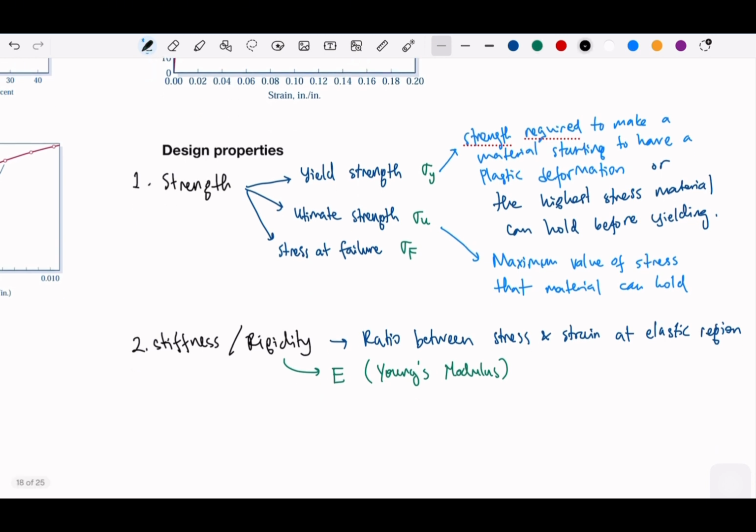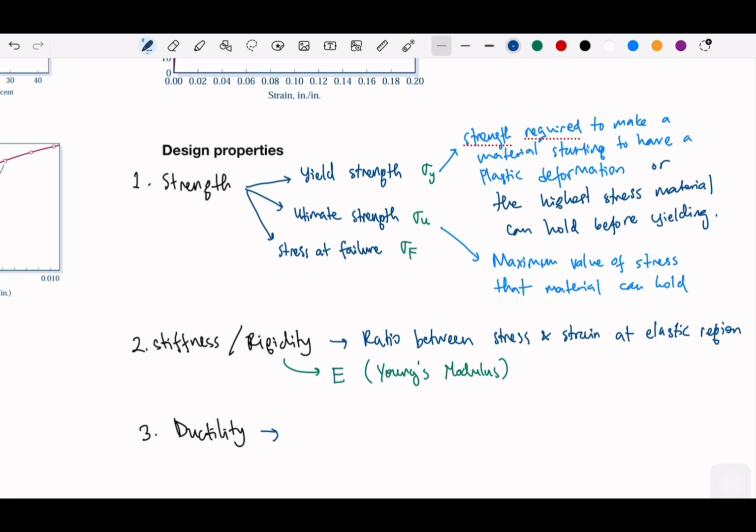Now the third one we call ductility. As I mentioned, this is related to the area under the stress-strain curve.